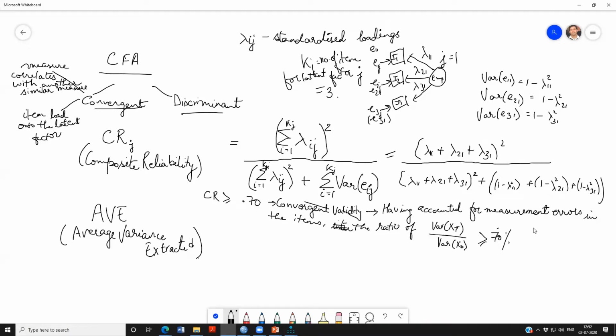That even after I have accounted for measurement error in the items, my items are capturing more than 70% variance in the construct.